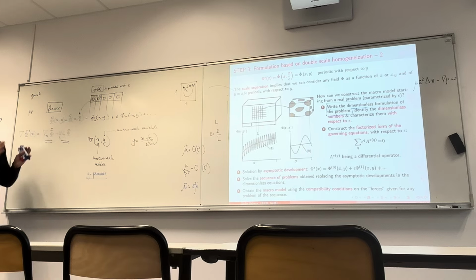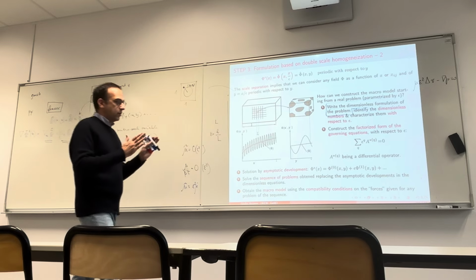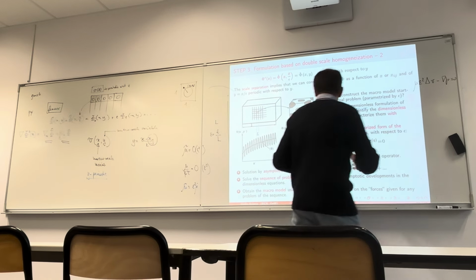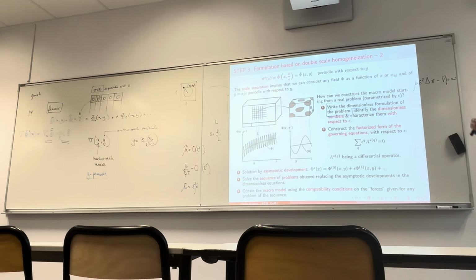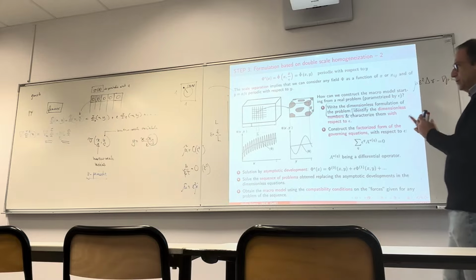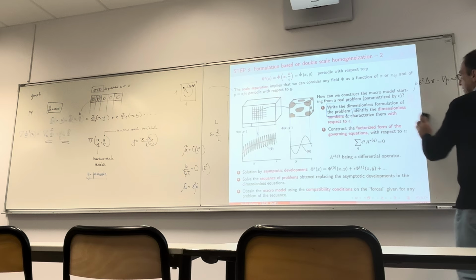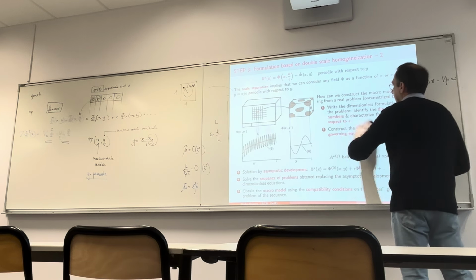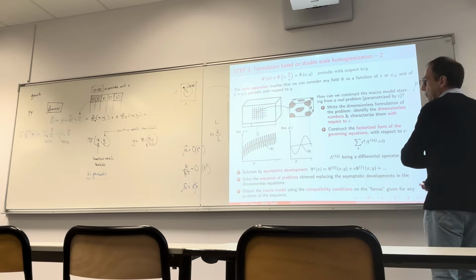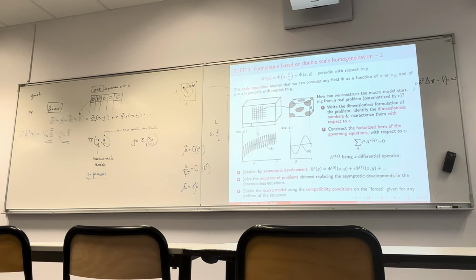So in the end, the only way to solve this problem will be to put to 0 the terms multiplying the different powers of epsilon. And so we will get what is called a cascade, a sequence of differential problems. So this we are going to see directly in this case in such a way that you can understand what I'm speaking about.